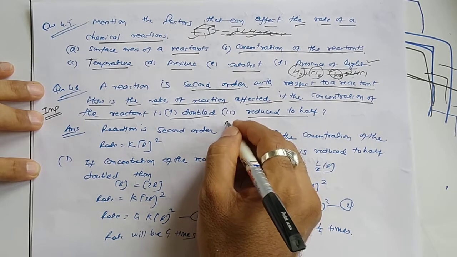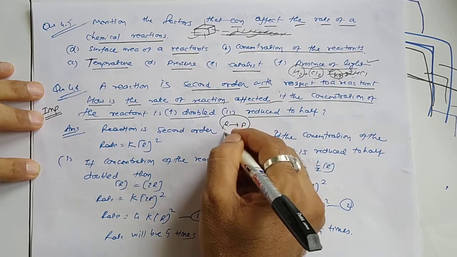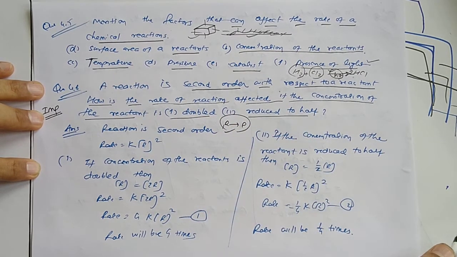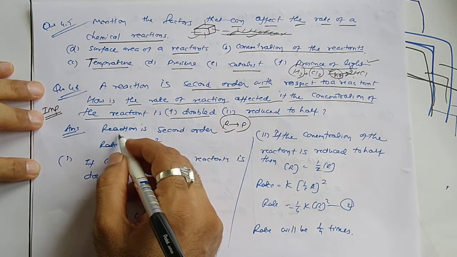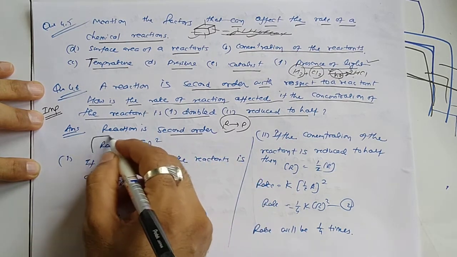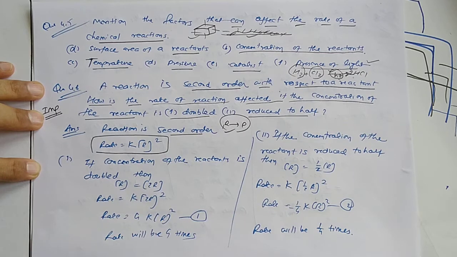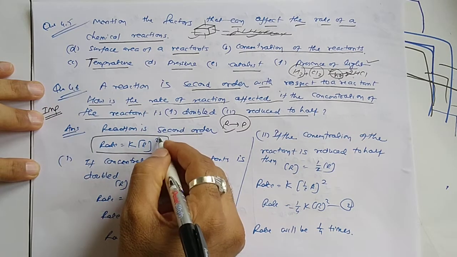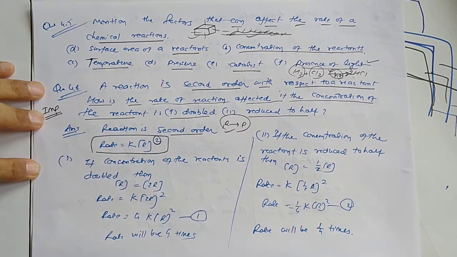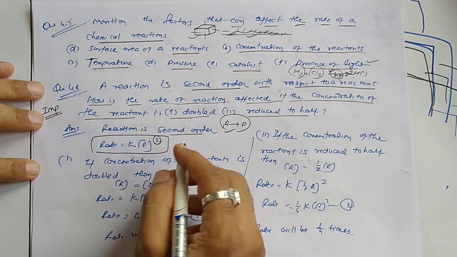First of all, we have to assume a reaction. R gives P. Here R is the reactant. So the reaction is second order. So the rate law is rate is equal to K [R] raised to 2, where 2 is the exponent, the order of the reaction.